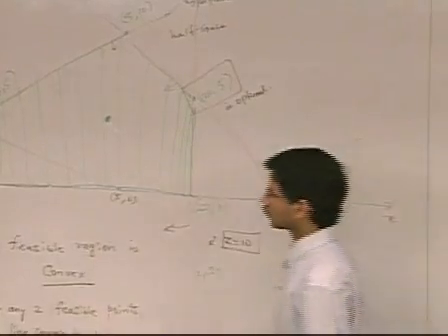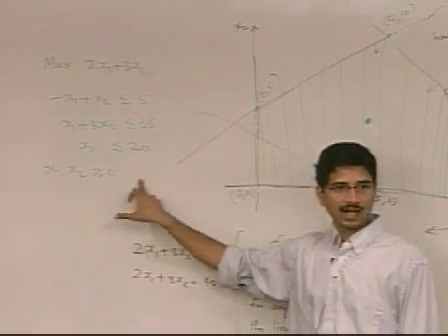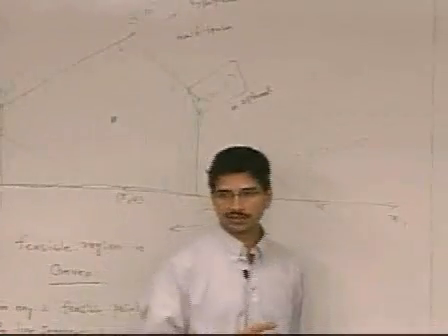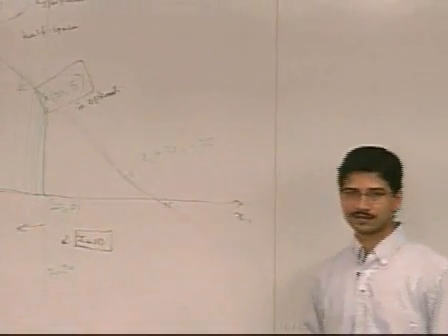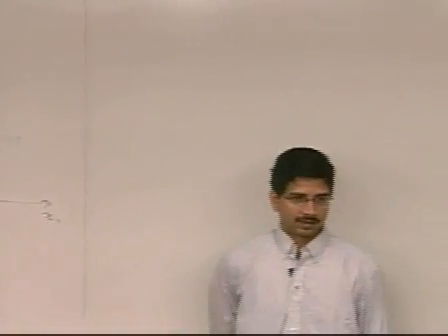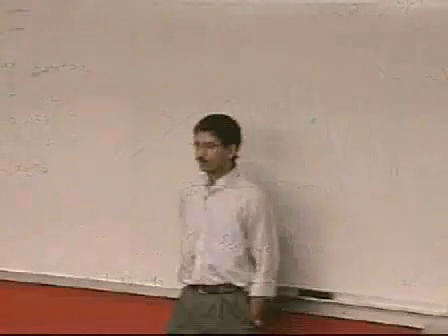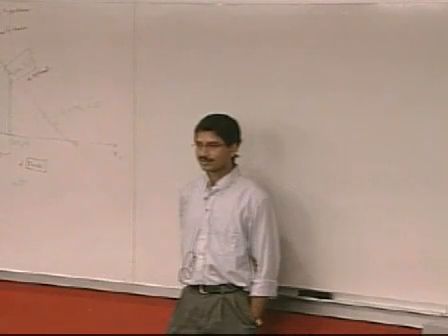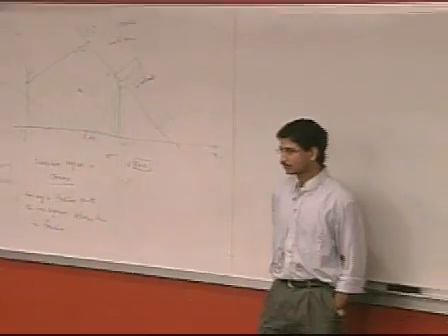Now, when you have 5 inequalities, how many sets of two equations can you get? I heard 10. So 10 is right.